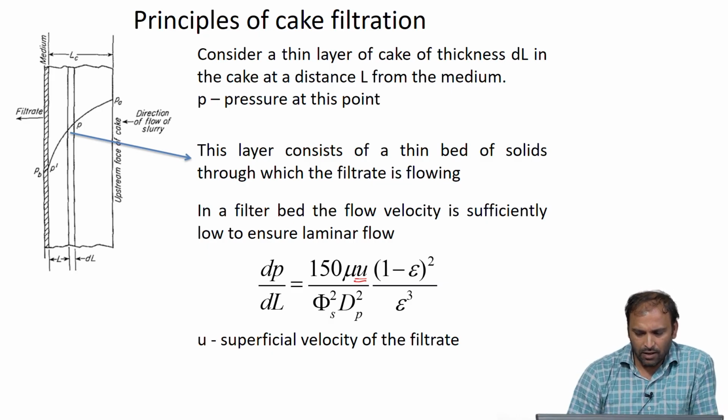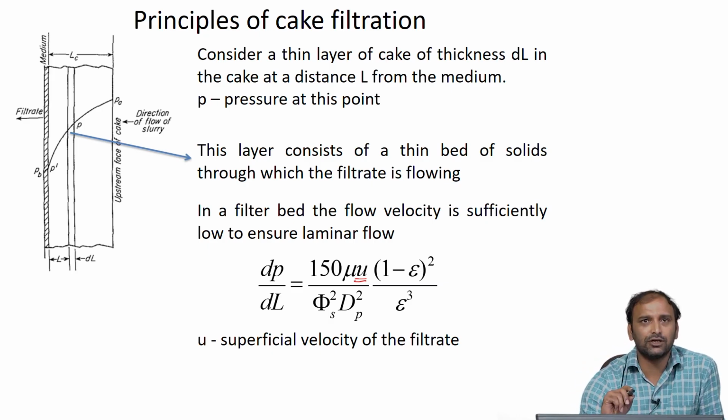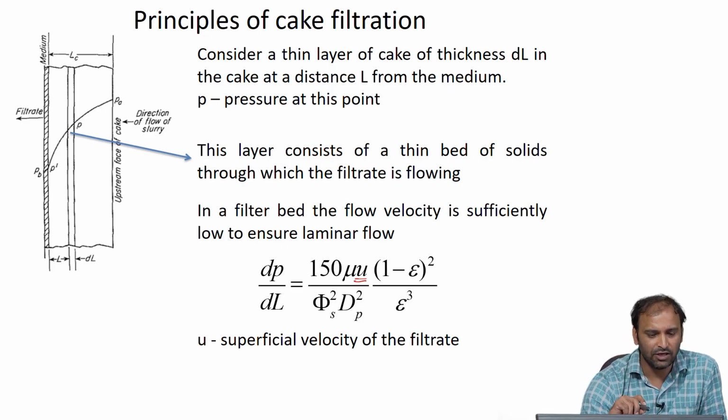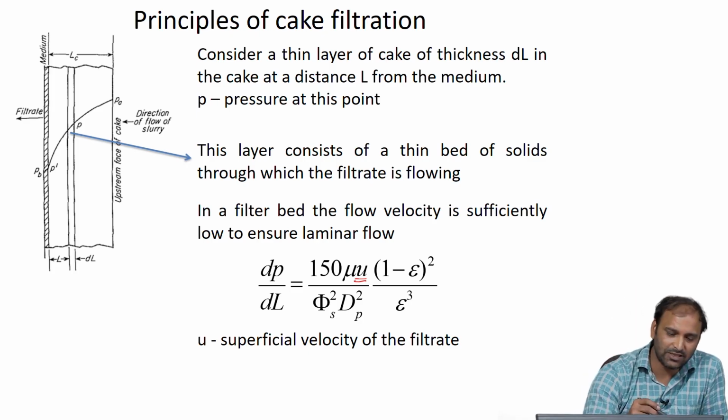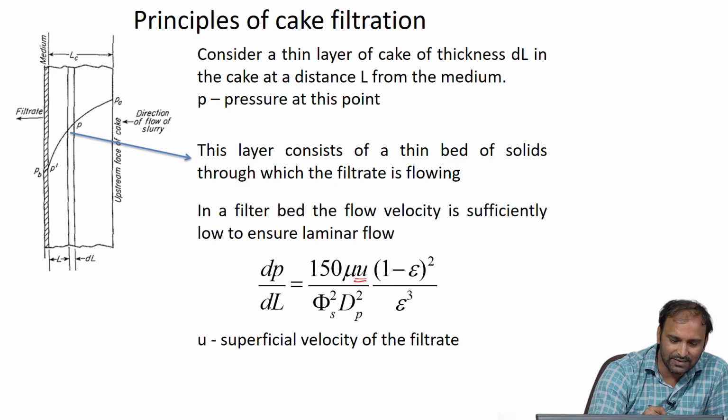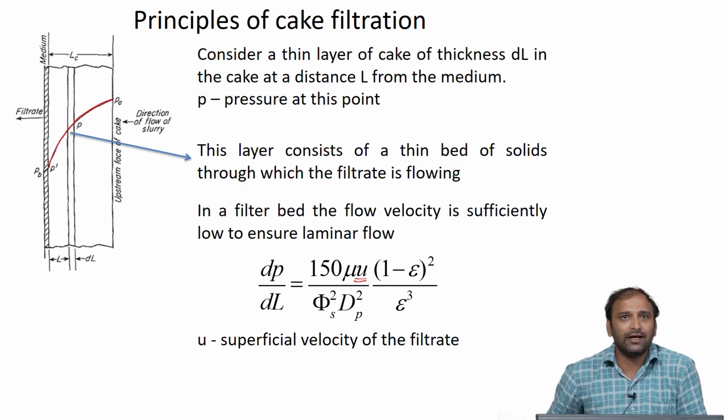So the other interesting thing to notice in the pressure gradient is that it is not linear. It varies something like this, that's the line that is drawn. That's how the pressure drop varies, right?